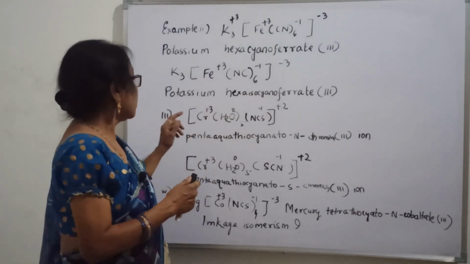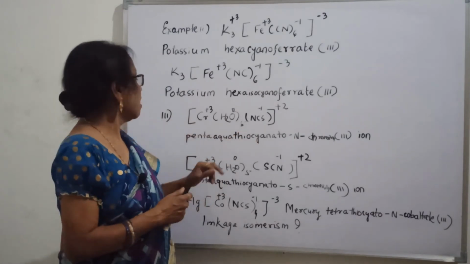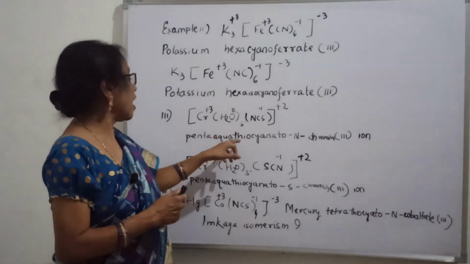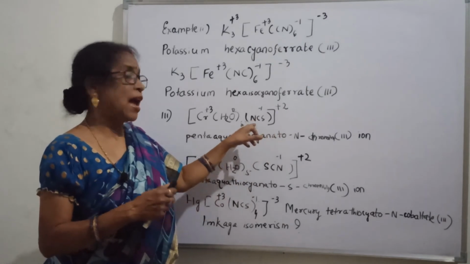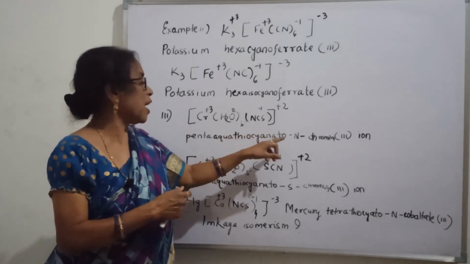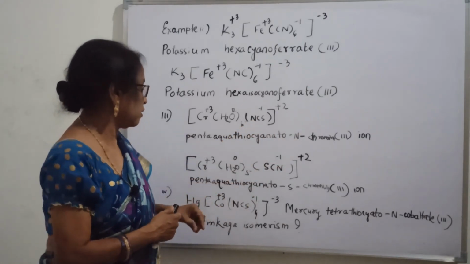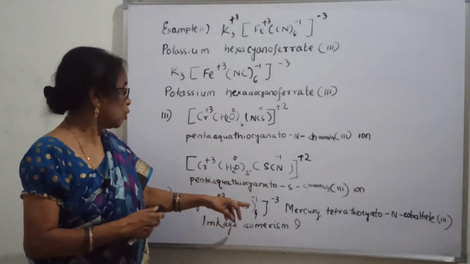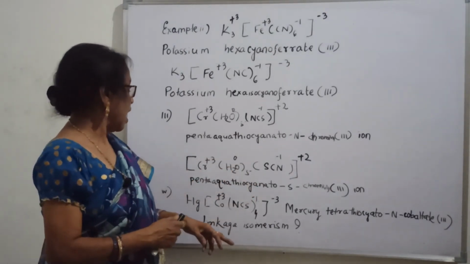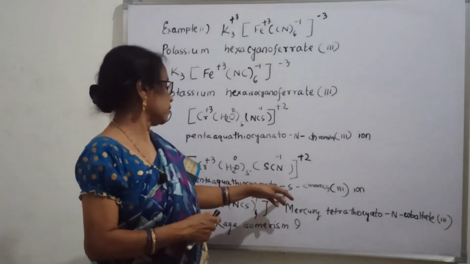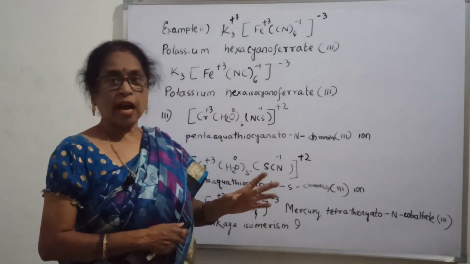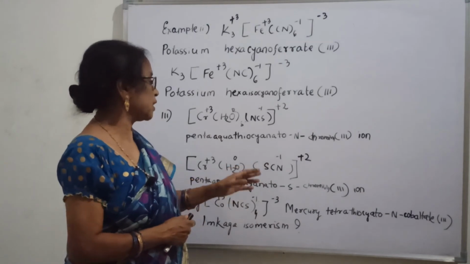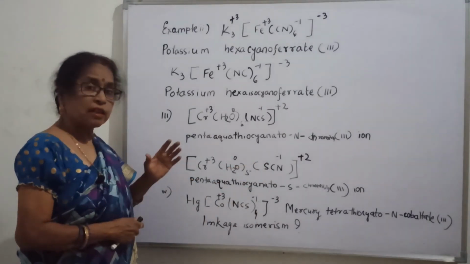Now Fe plus 3, you should calculate according to this, and this is called isocyano, hexaisocyanoferrate(III). Now it is a cationic complex where it is pentaaqua thiocyanato-N, N is attached to the central metal atom, and chromium(III) ion. Similarly here also pentaaqua thiocyanato-S, sulfur is attached, so it is chromium(III) ion, because it is a complex cationic ion.